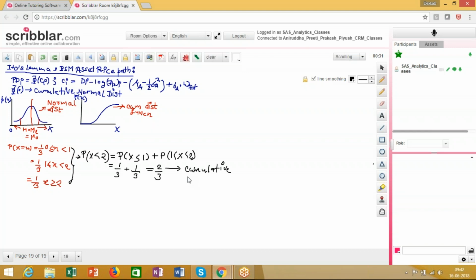This is what we call cumulative probability. When we do it over continuous variables, where the values change continuously and we keep adding them up, the distribution we get is known as a cumulative distribution function.